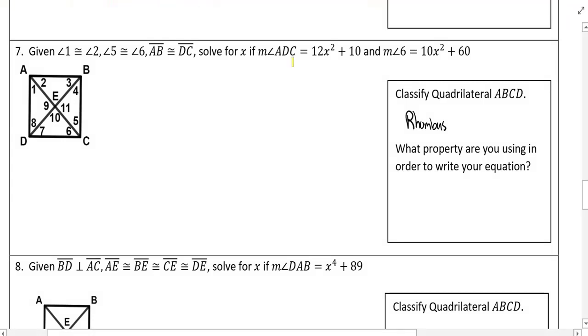We have angle ADC, so this big angle here, and we have the measure of angle 6 right in here. Now, is there a relationship between those?